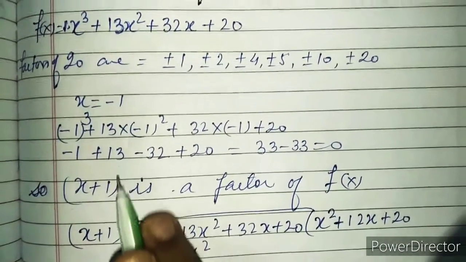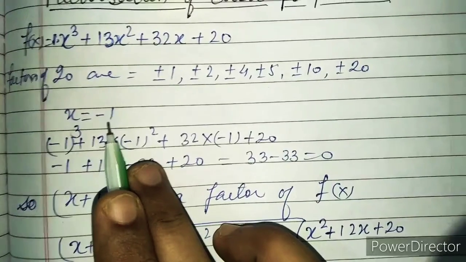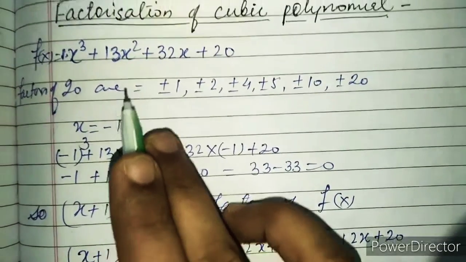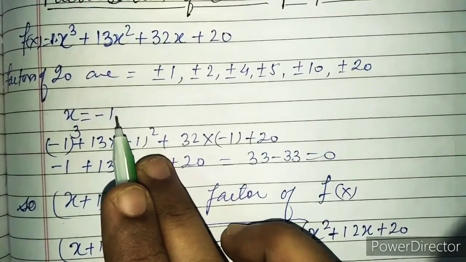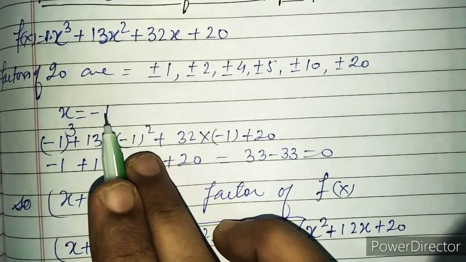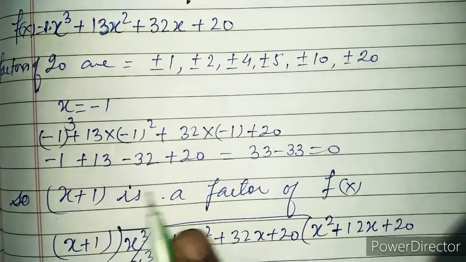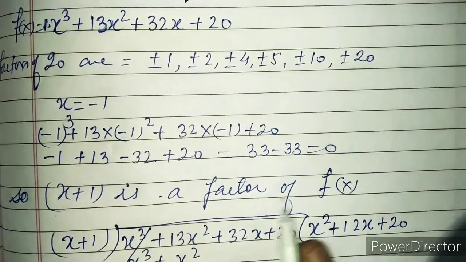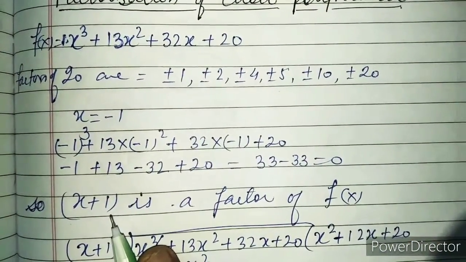It means that x equal to minus 1 is a zero. Zero means that when the value of x makes the polynomial 0, so minus 1 is a zero of the polynomial. For getting the factor, you just have to keep minus 1 on the left-hand side. This will become x plus 1 is a factor of polynomial f(x), right? So we get the first factor of this polynomial, that is x plus 1.